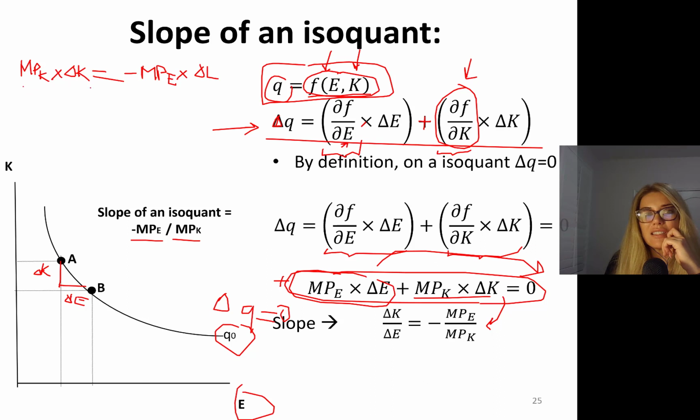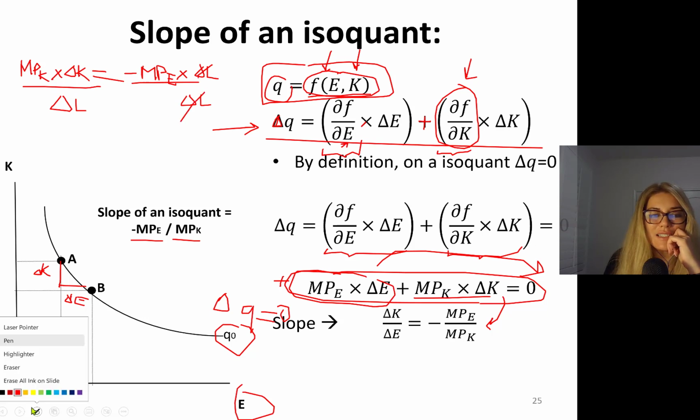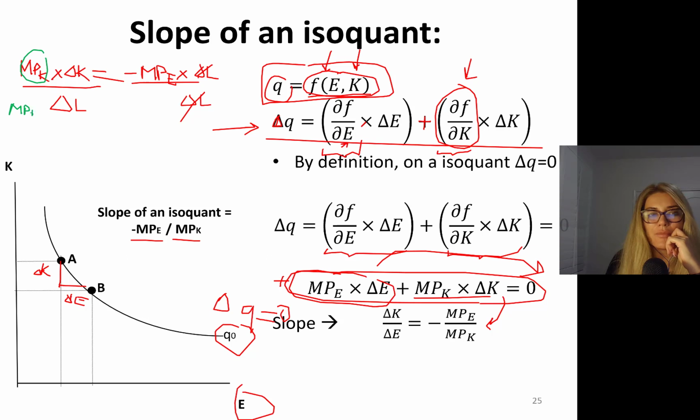I want to have delta K divided by delta L, so divide everything by delta L. Delta K over delta L. These will cancel out. Now, on the left-hand side, I also have this. I don't want this, so I divide everything by marginal product of capital. Boom, boom, cancel out. Change in capital divided by change in labor.